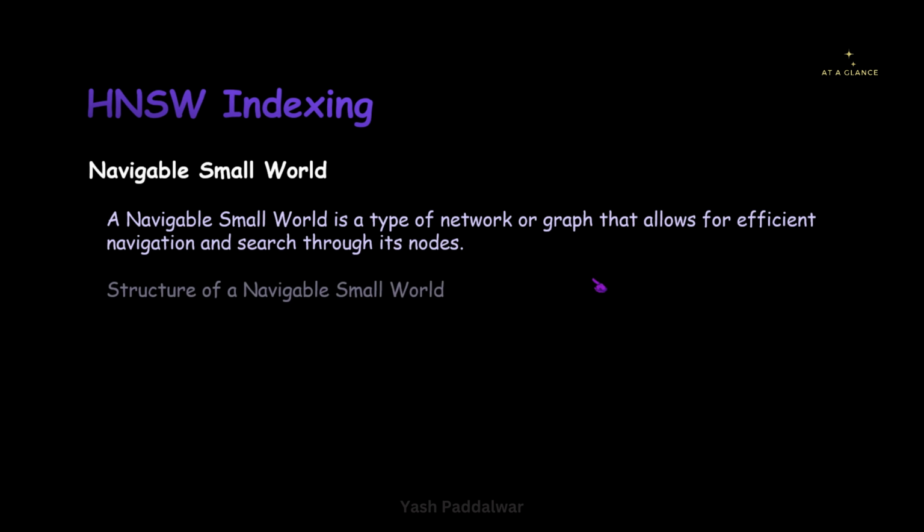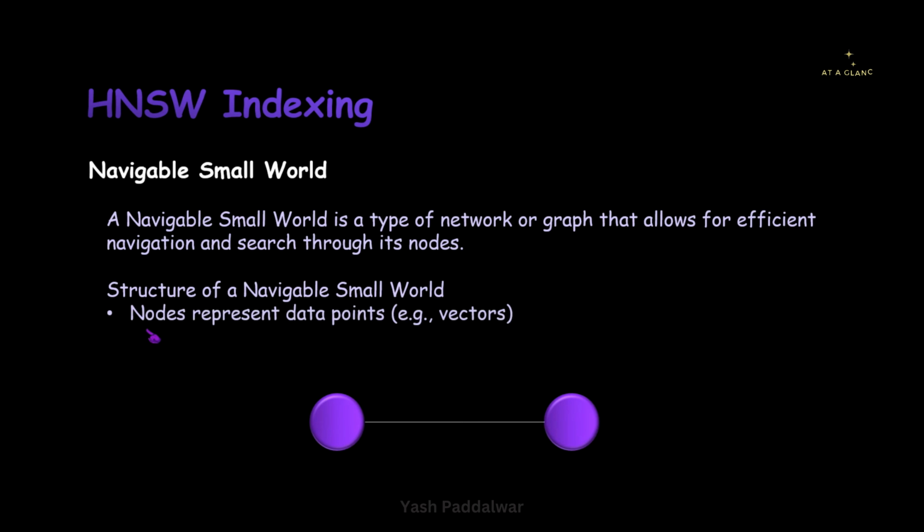Now talking about the components or the structure of the navigable small world, we have the nodes and we have the connections that connect these nodes. Nodes represent the data points, that is nothing but vectors. So you can think that one single node is a document in a vectorized format.